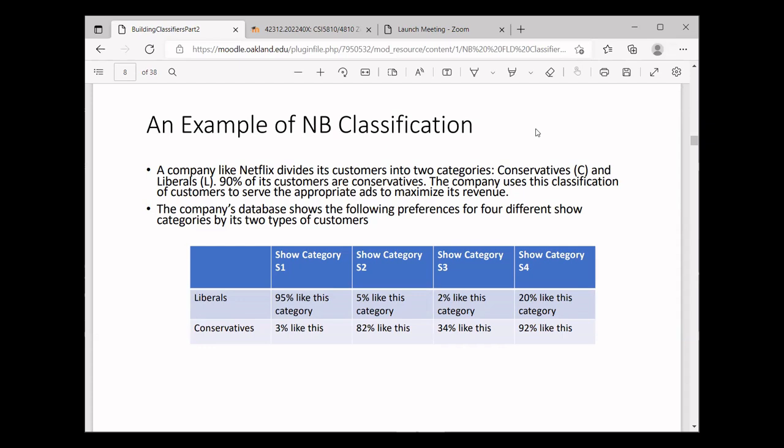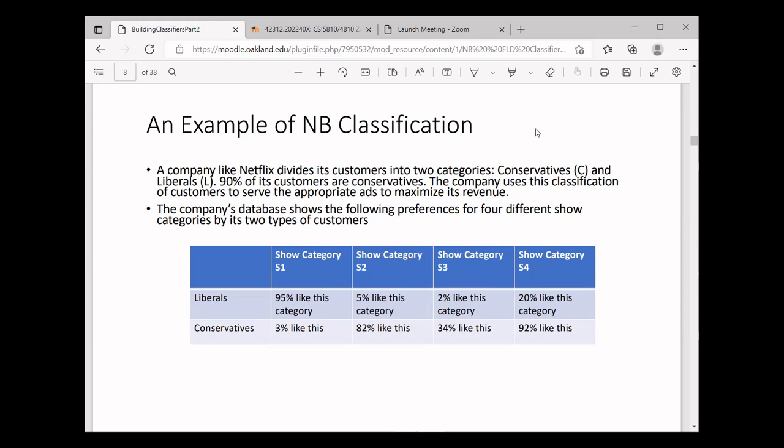And the company has collected data through the habits of customers, as well as through the programs that it runs. So basically, it has 4 shows or show categories: S1, S2, S3, S4. And it has this data that for customers that are classified as liberals, 95% of them like shows in the category S1.